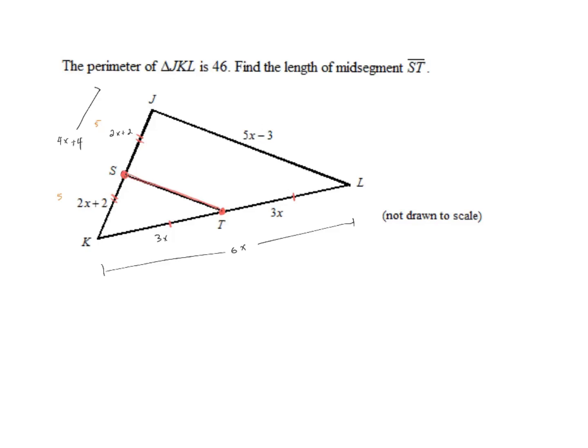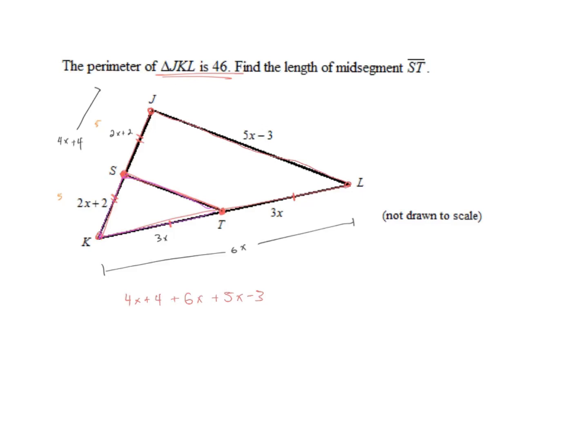Now they give you the perimeter of JKL. Perimeter is adding up all the sides. So I say 4x plus 4 plus 6x plus 5x minus 3, those are my three sides. They're giving me the perimeter of the bigger triangle of the two, because there is a small one, STK here, but they're talking about the bigger one.